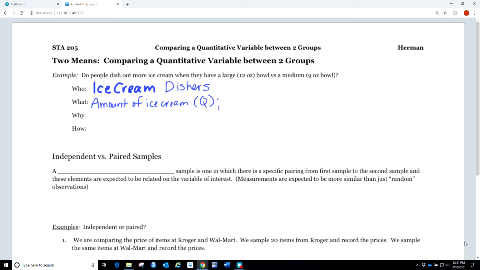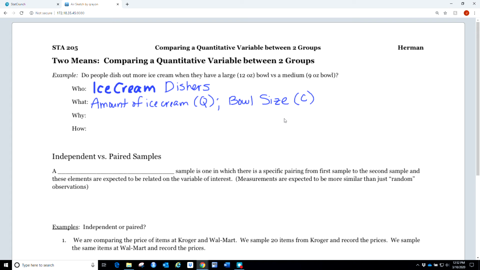But then I also need to know which bowl they put that one in. Did they have a medium bowl or did they have a large bowl? Since we're just looking at medium and large bowls, those are only two options, so it's going to be a categorical variable. So as you can see here, we have a quantitative variable that we're going to compare on two groups, which come from this categorical variable of bowl size that I have.